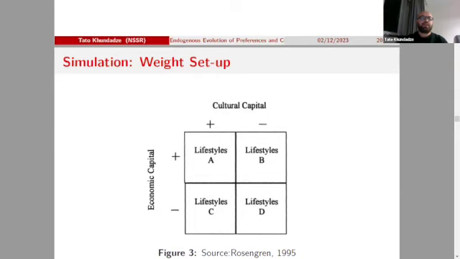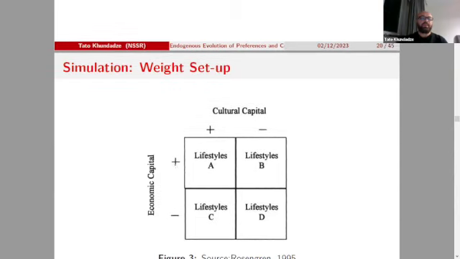And here we have another type of person who has high economic capital but low cultural capital. These are people who are new businessmen who recently became rich, but they don't have enough education.